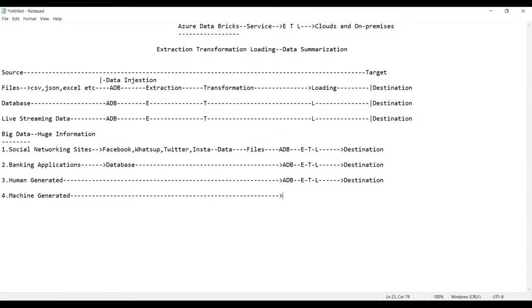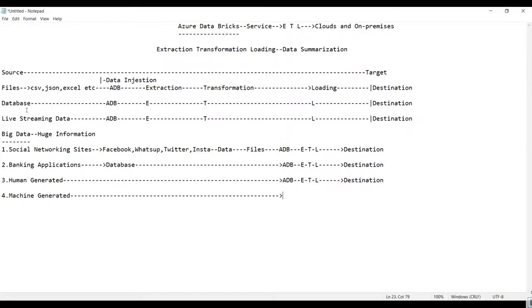So every machine generates the data. Any machine generated data will be recorded in the form of live streaming, databases, or files.